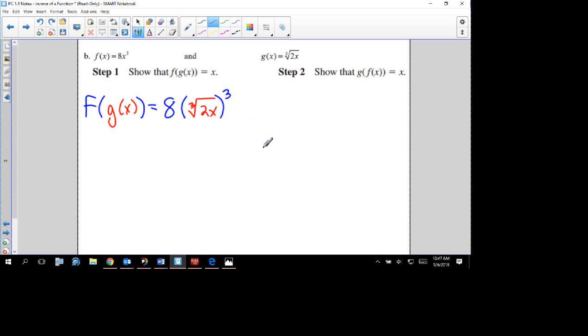Then we have to think about our radical rules from Algebra 2 to simplify that. If I have a cube root and I'm cubing it, those will undo each other and I'll just get 2x. Then I multiply these together and I get 16x. Does that equal x? So what I can say is these are not inverses.